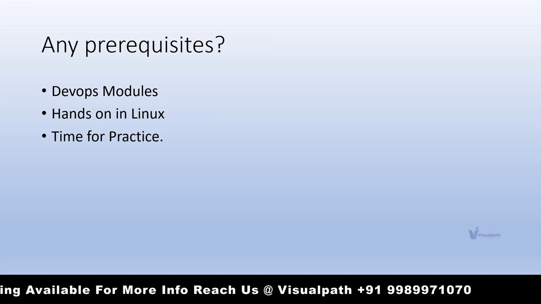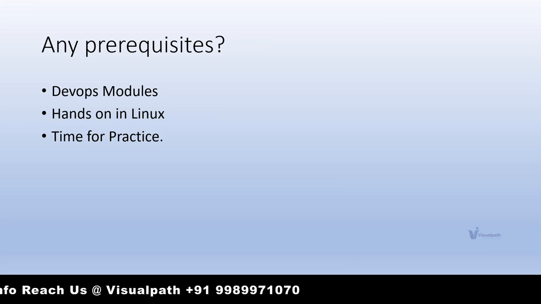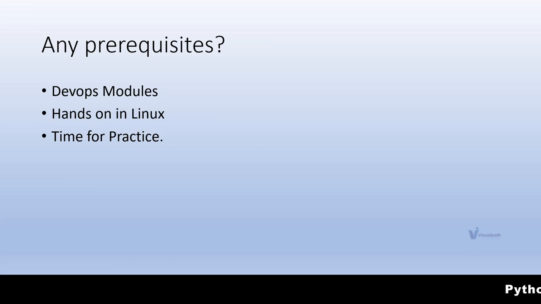So one thing is you should learn how to code. The second thing is you should know how to make your code more optimized and reduce the time and space complexities. So this is all about this program.